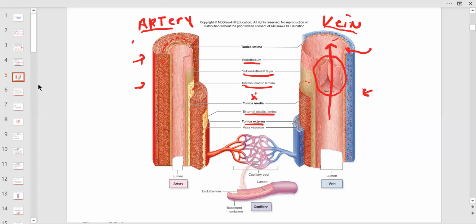So tunica media is really where we're going to live when it comes to blood pressures, especially in the arteries. Okay? So ultimately, the arterial blood is going to end up in the tissue capillary beds, right? We're not really talking about pulmonary right now. Let's just talk about systemic. And in the capillary, which is really just one layer of endothelium, there's no tunica media in this.